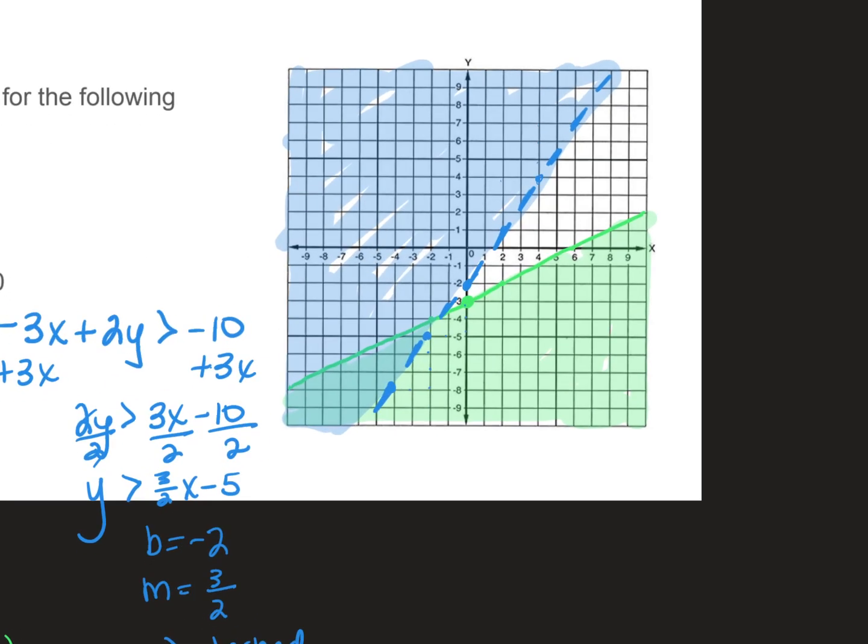This is important, because you could see a problem that asks this: the solutions are going to be points that fall anywhere in this overlapping shaded region. It can be on the solid line. It could not be on the dashed line. So anything that falls right here on this dashed line is not a solution. This solid line is a solution.